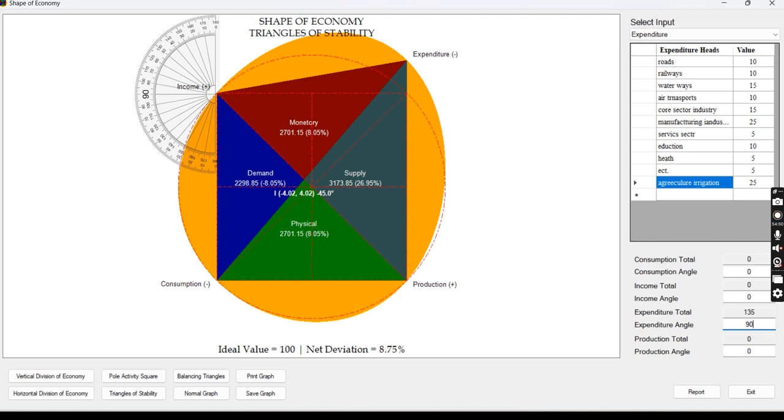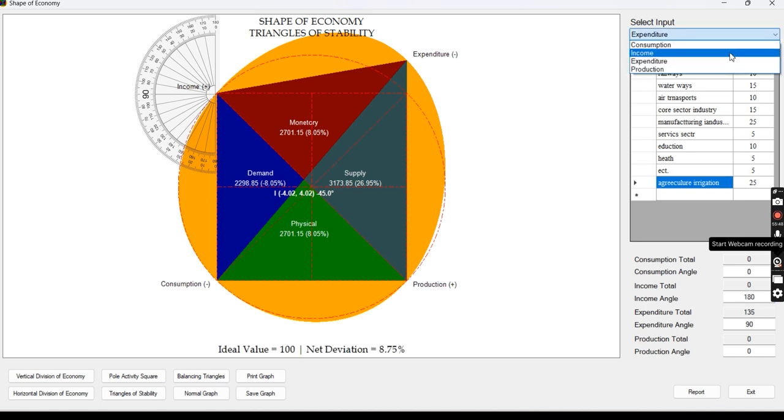Then you will have to see how much deviation in income will be caused. Here you want to increase the income on the vertical line. So vertical line means 180 degrees.